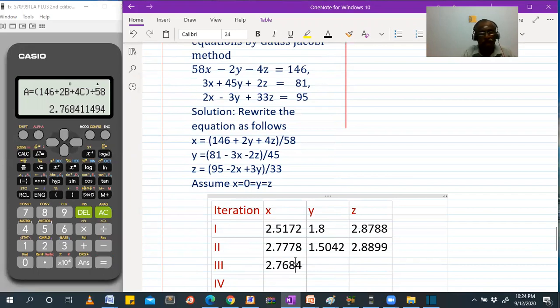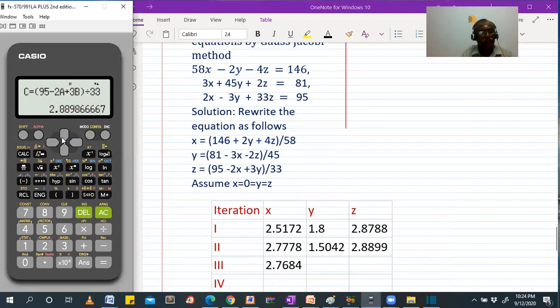Calc b. A is 2.7778, but c is the old value 2.8889.